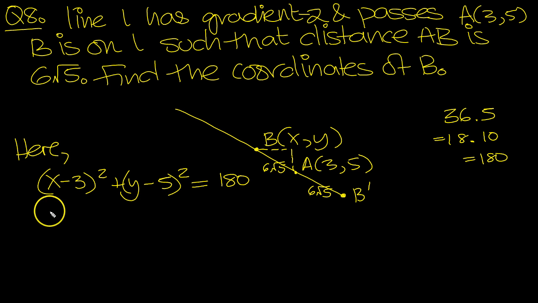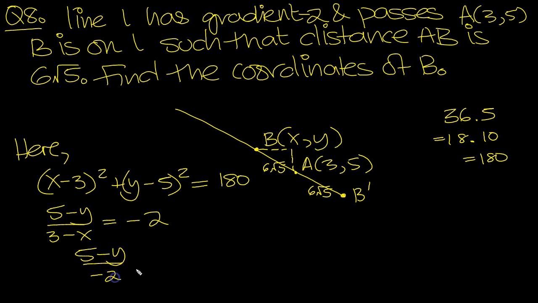But we've also got the gradient, so that 5 minus y, the increase in y, divided by the increase in x, 3 minus x, is equal to -2, the gradient. So here we've got 3 minus x, which is helpful. So we can move that up. So 5 minus y over -2 is equal to 3 minus x, isn't it?